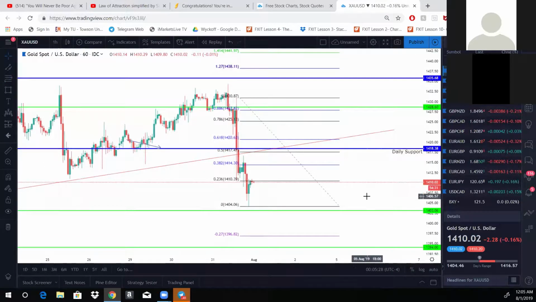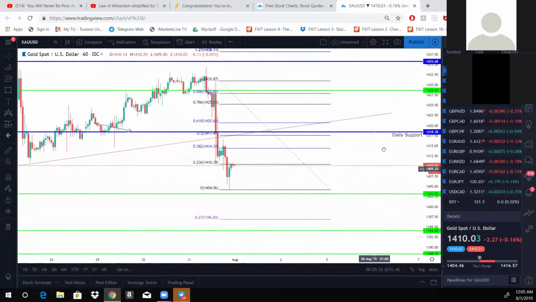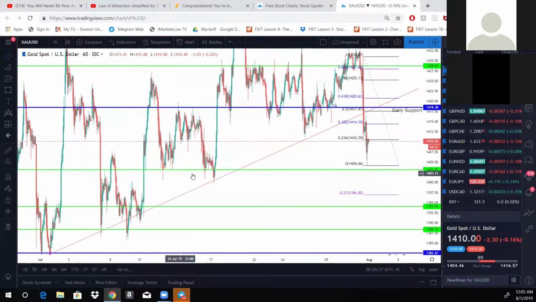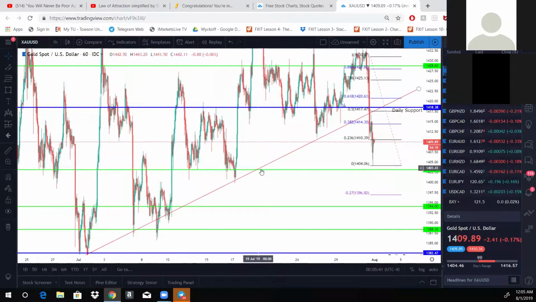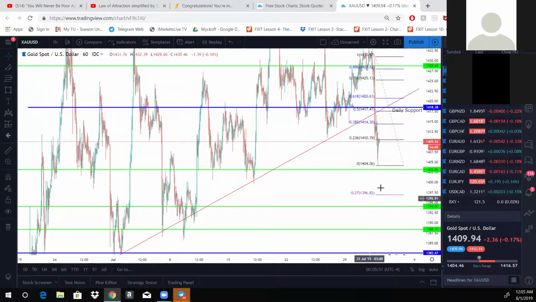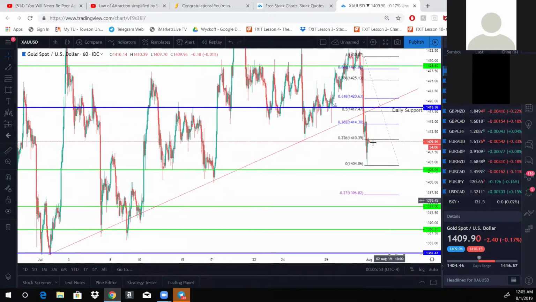Slight retreat so far, but yeah, definitely rejected this level here. But it could definitely drop down to this 127, or I like to mark this -27, the fib extension.